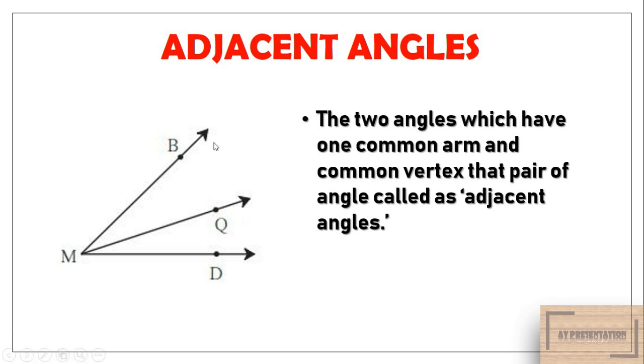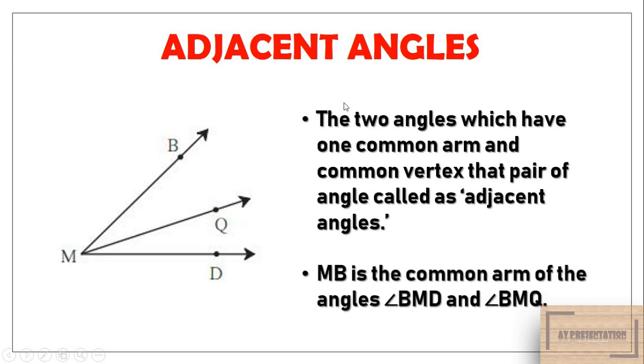So adjacent angles means two angles with a common vertex and arm. Angle BMQ and angle QMD, both angles have M as the common vertex. So angle BMQ and angle QMD are said to be adjacent angles.